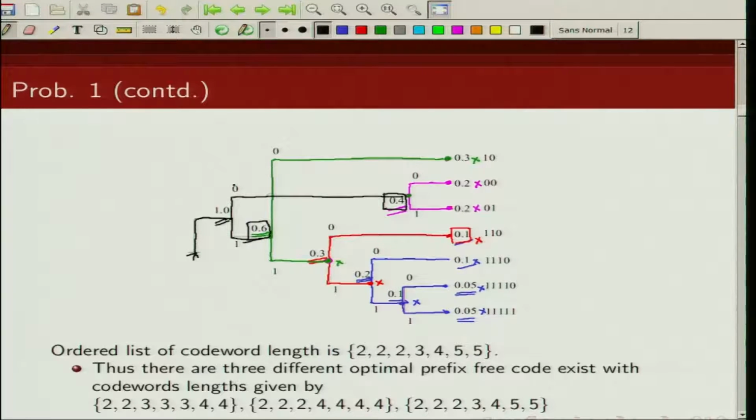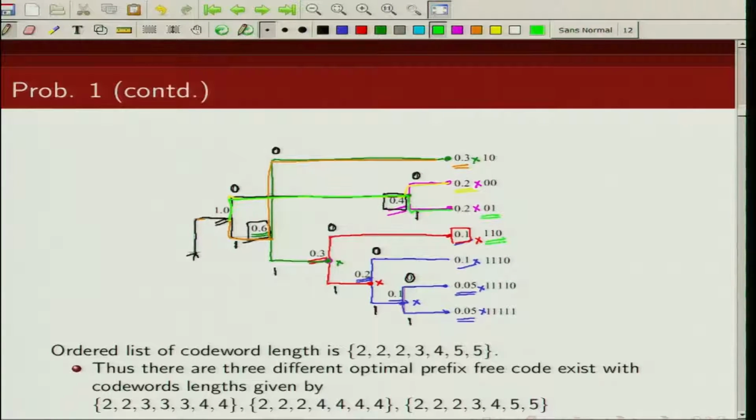And finally, as I said, I am going to assign zeros and ones to these branches. 0, 1, 0, 1, 0, 1. Now you can see the code word for this is 1, 0. The code word for this particular symbol is 0, 0. The code word for this is 0, 1.